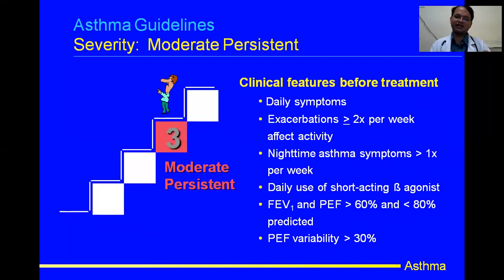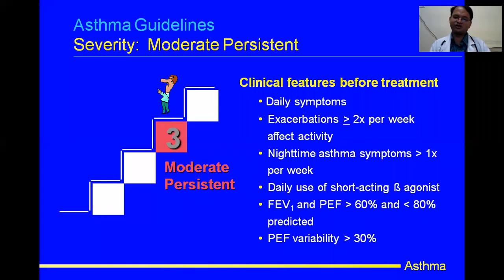In the third category, third grade, the moderate persistent asthma, here the patient will be having symptoms daily. The nocturnal symptoms will be more than 1 episode per week, and the patient will be having 2 or more exacerbations per week, and these exacerbations affect the activity.